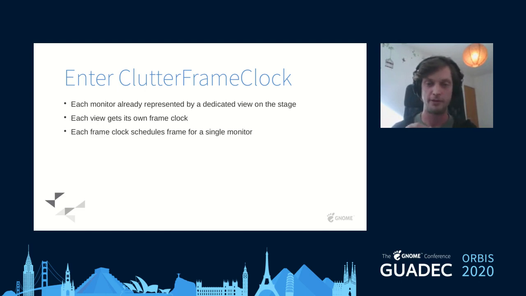So we already had that in place. So we put one of these frame clocks in the view, and then have one frame clock drive a single view. It's pretty much how it works. It makes the clock much simpler because it doesn't need to handle as many things at the same time.